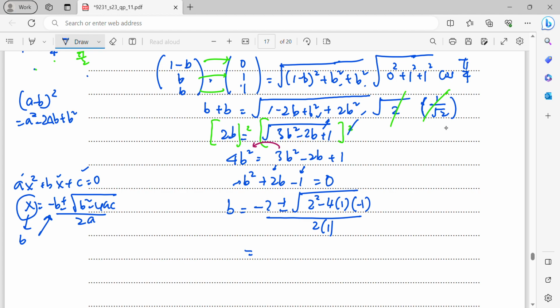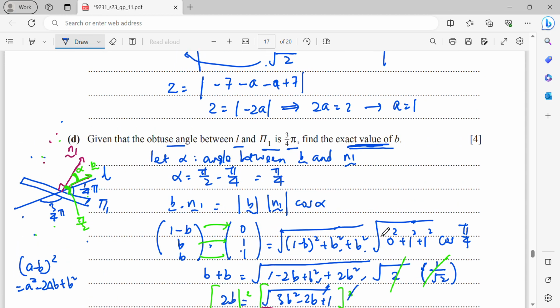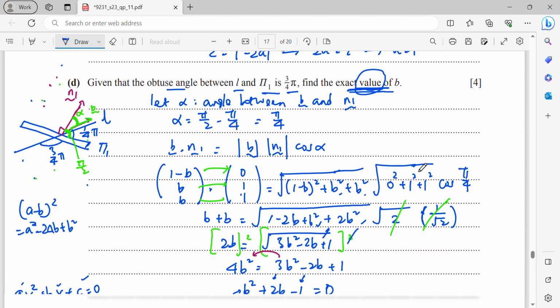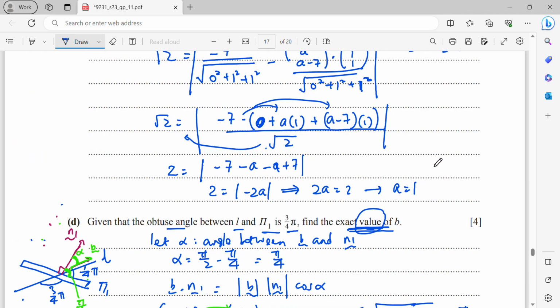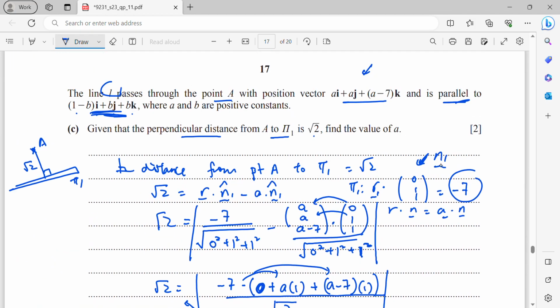That means here I will be getting minus 2 plus minus 2 square root 2, because 2 squared minus minus 4 is 8, and the square root of 8 is 2 square root 2. Then over 2, I will get minus 1 plus minus square root 2. Now we cannot accept two values because the question mentions one value. So how to choose the value here? Look at the definition of b first.